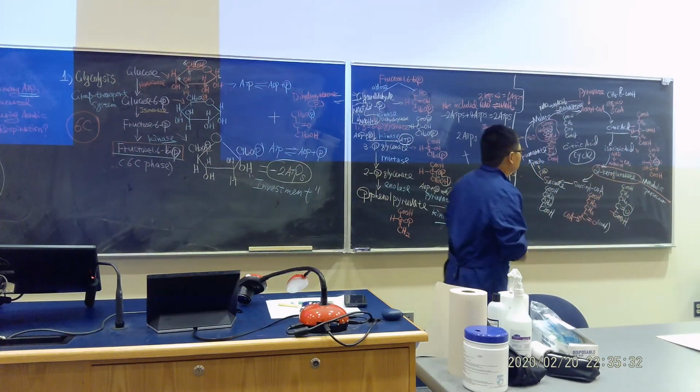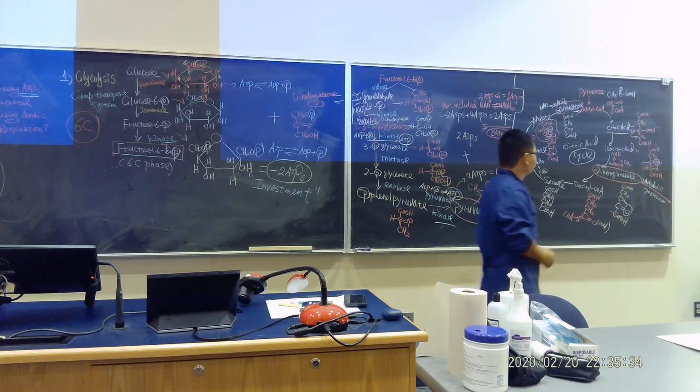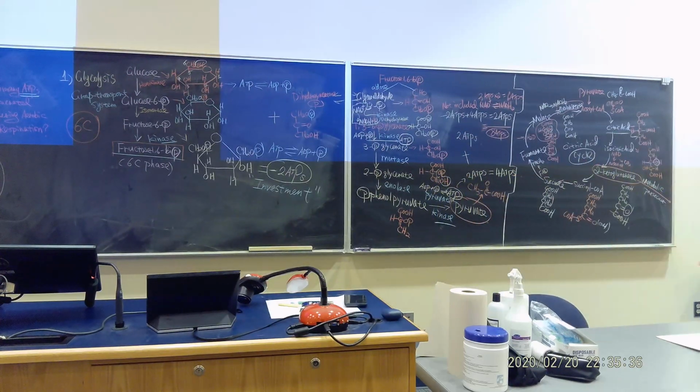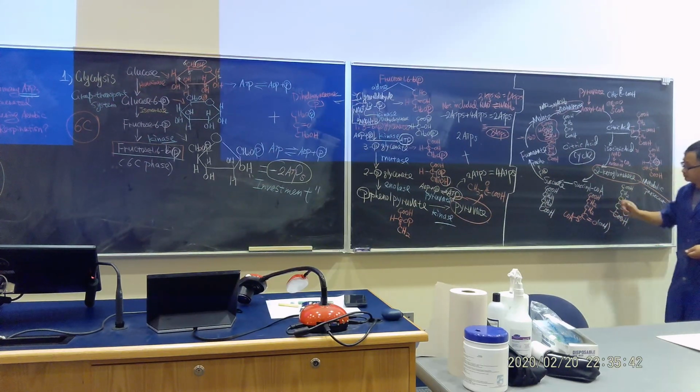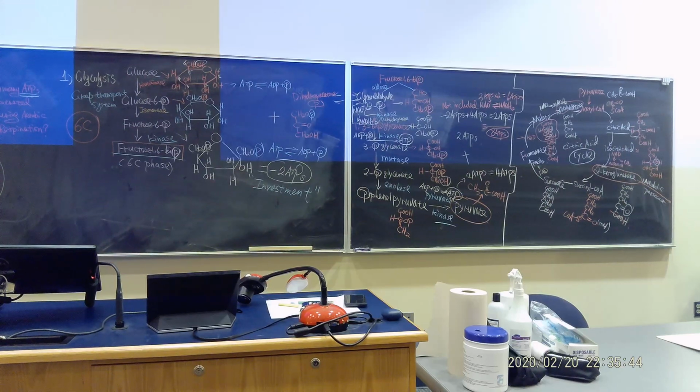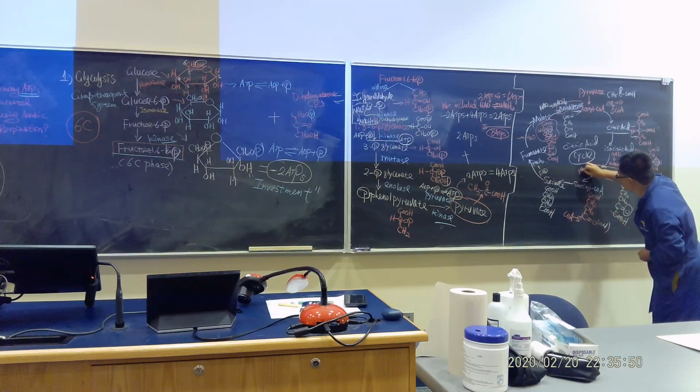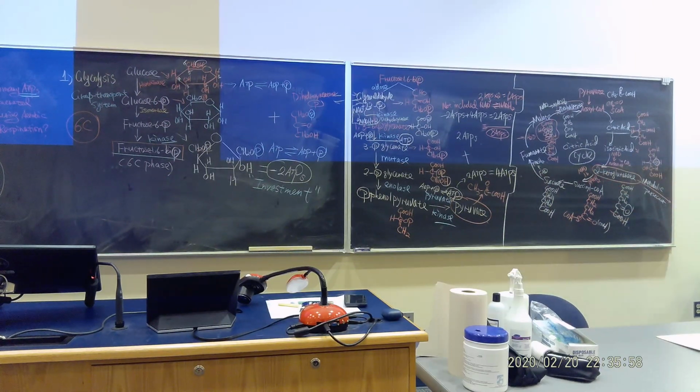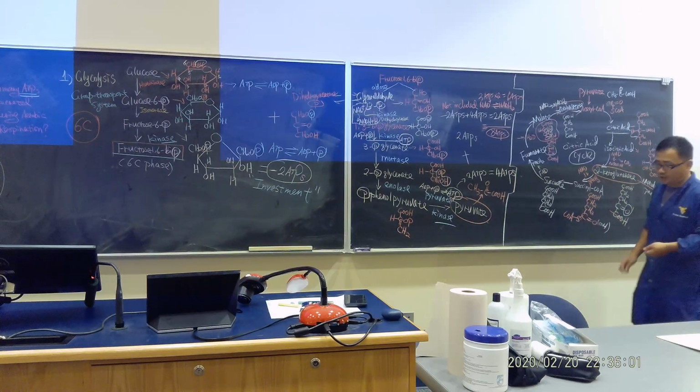Okay. What are we missing? We missed something here. Alpha-ketoglutarate goes here. You have another NAD reduced to NADH2. We may have forgotten, that's okay. You're not going to remember everything. I talked about energy currency.